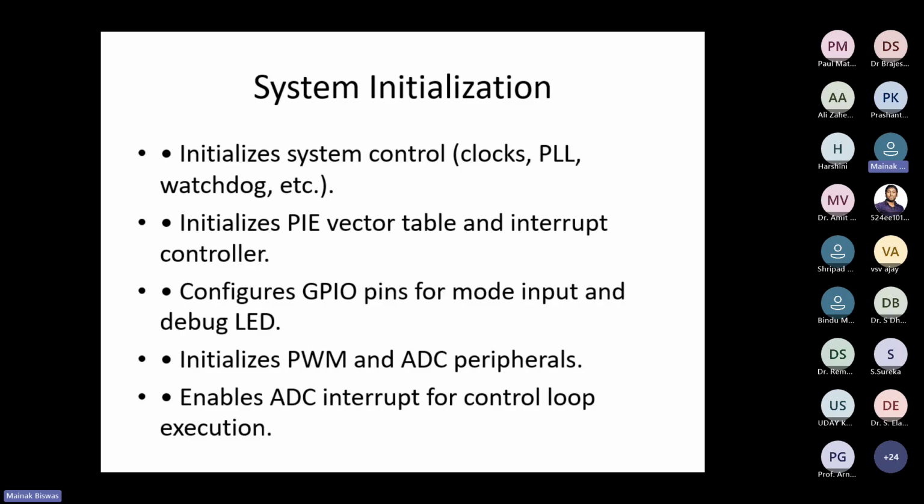The C2000 microcontroller comes with built-in LEDs, so we can use those, and there is no need to carry external LEDs. Then initialize the PWM and ADC peripherals, the pulse width modulation and analog to digital peripherals. Then it will enable the ADC interrupt for the control loop execution.